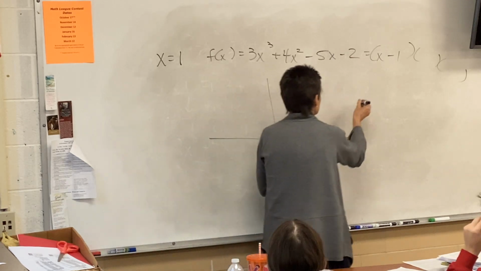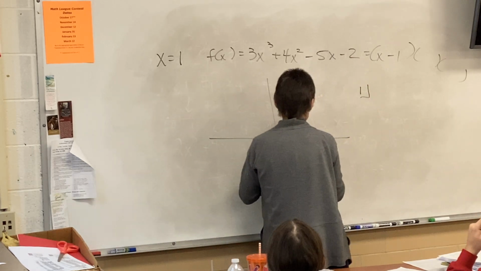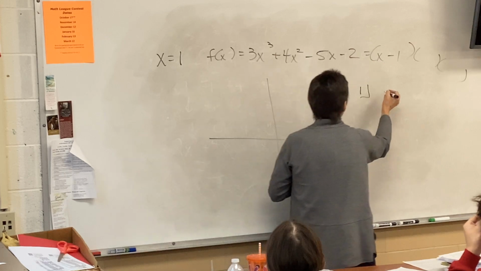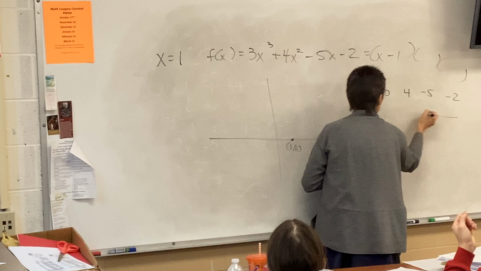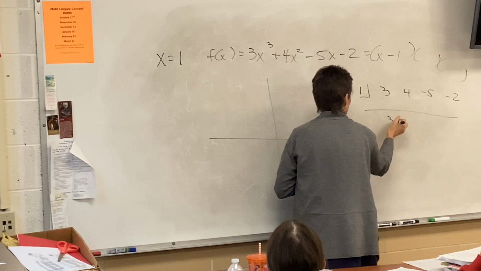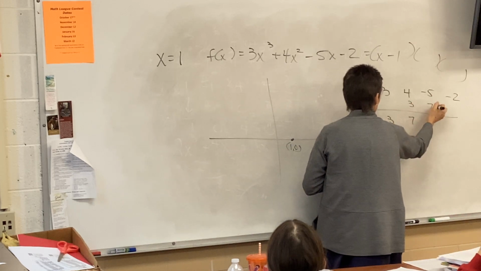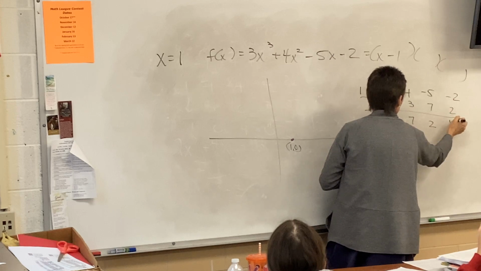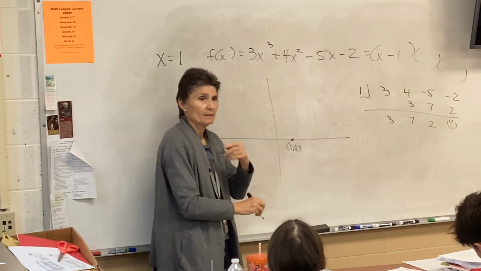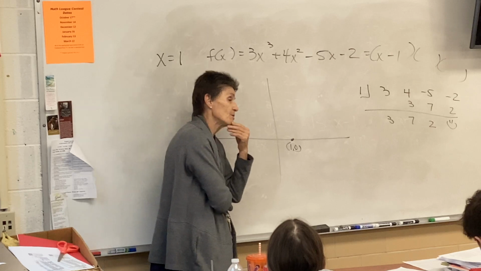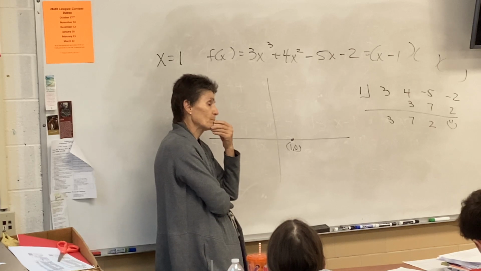So what if I did my division? There's my dot, there's my number. I knew that would happen. It was a 0, it was a factor, I knew it would divide in.